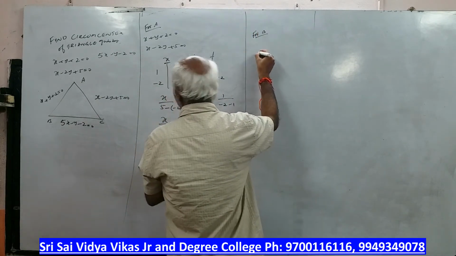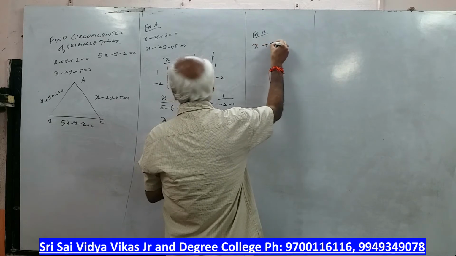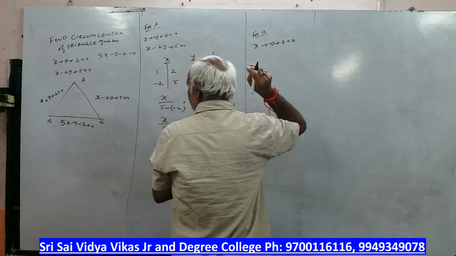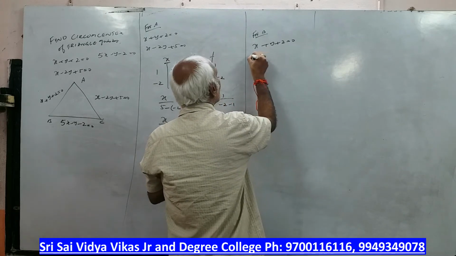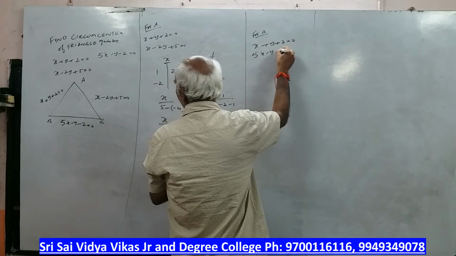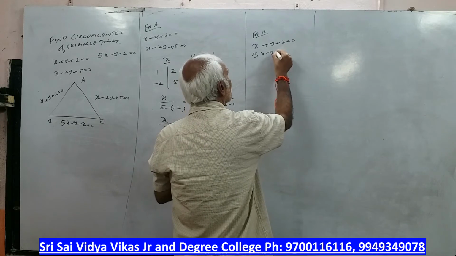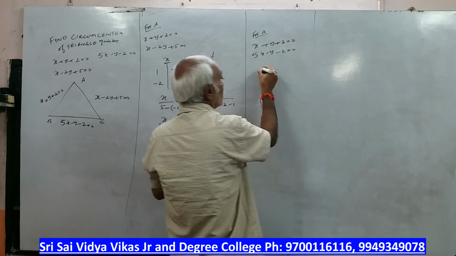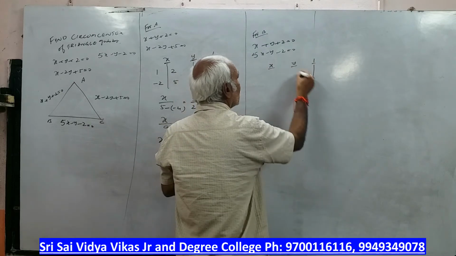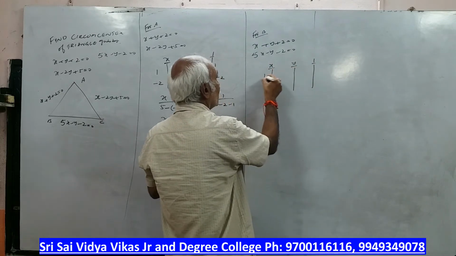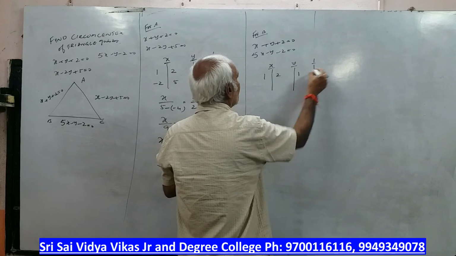Again, for B, which equations are considered? x plus y plus 2 is equal to 0. Then 5x minus y minus 2 is equal to 0. So again, x, y, 1. So 1, 2, 1, 1.